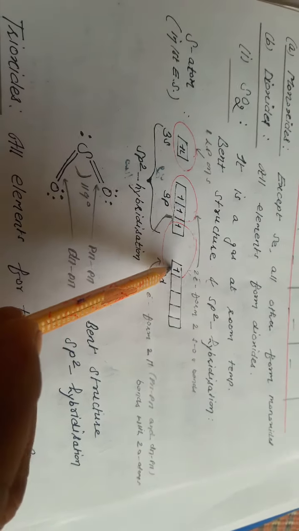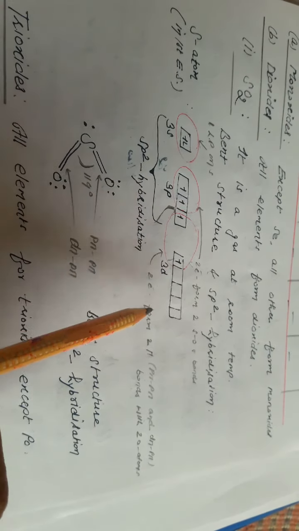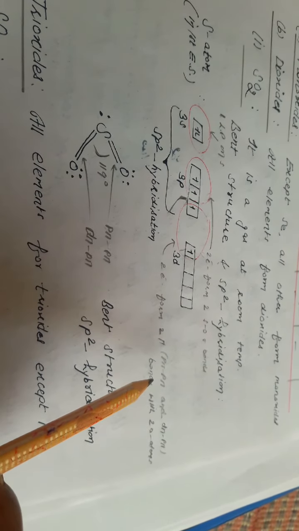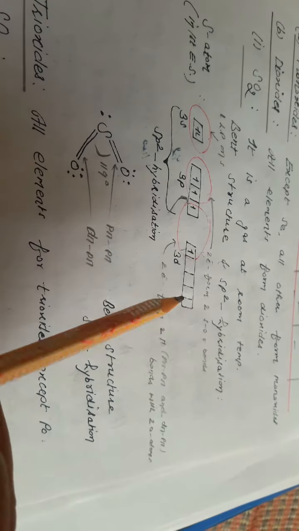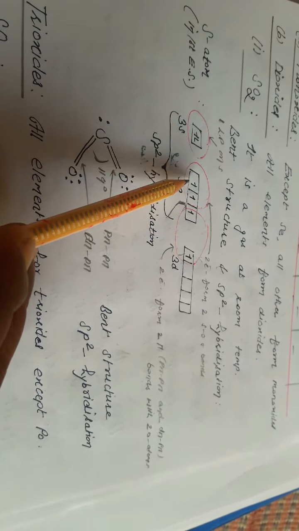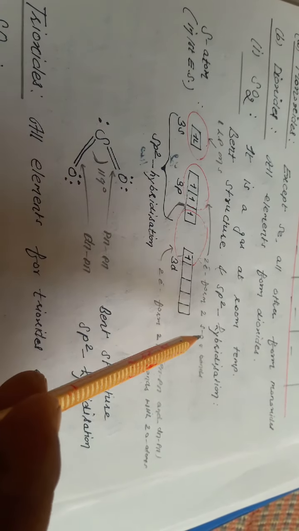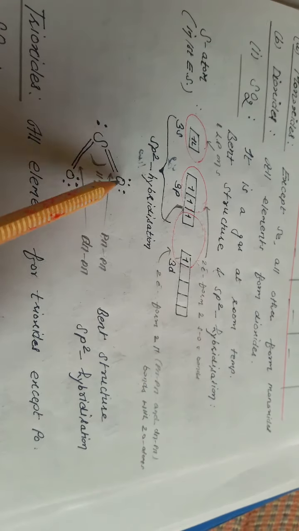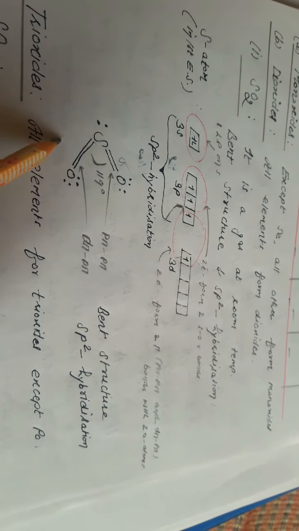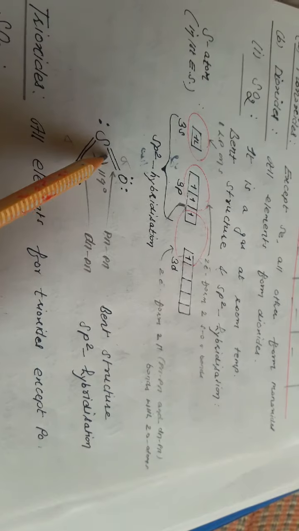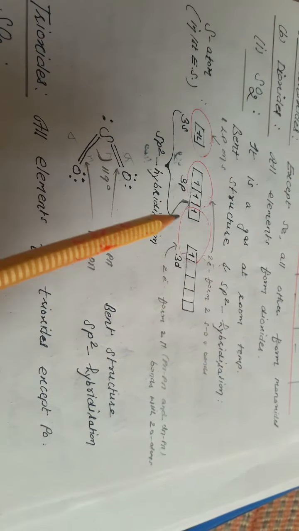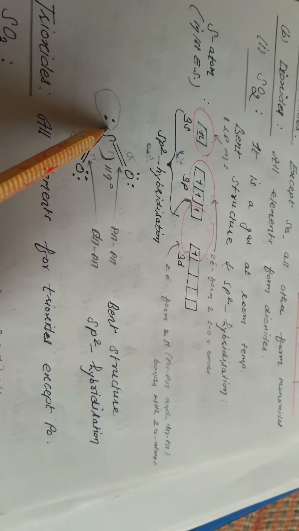So that's why sp2 hybridization. Two unpaired electrons form two p pi-d pi bonds, and the other two unpaired electrons form two SO sigma bonds. These are two sigma bonds, and two pi bonds are formed by these unpaired electrons, and this remains as a lone pair.